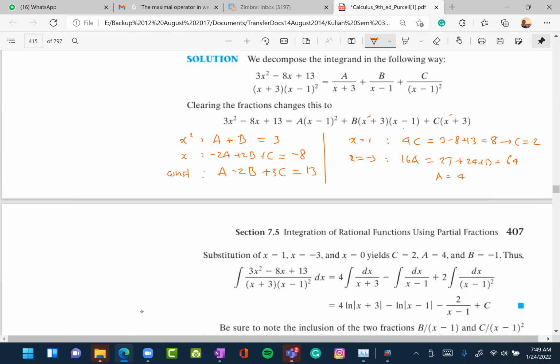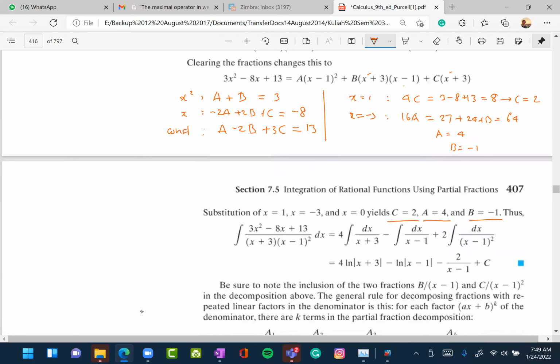And find b, let me see, b equals -1. Okay, in the end, you have this. Somehow check this one, please check this one.